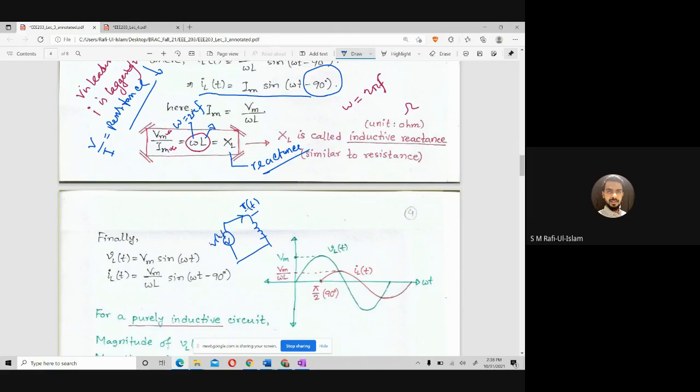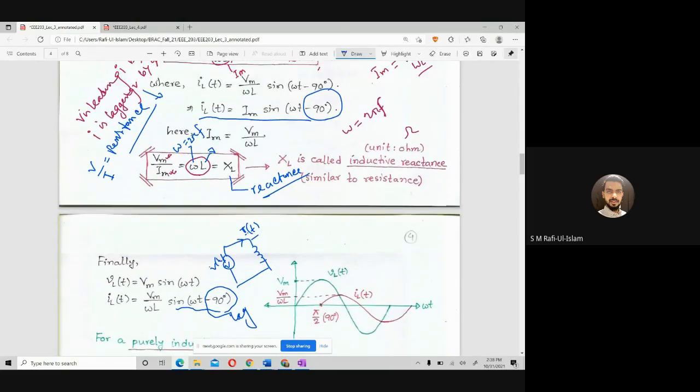If the voltage is Vm sine omega t, then the current expression would be the same, only it will lag by 90 degrees. And the second thing, since this is the voltage and this is the expression for current, the maximum current should be, what is the formula for current? Current means voltage divided by reactance.